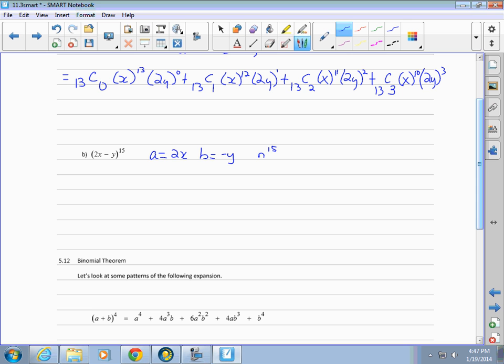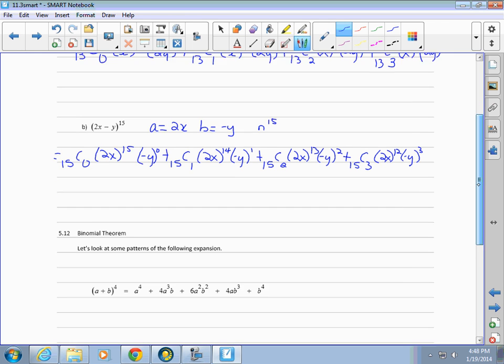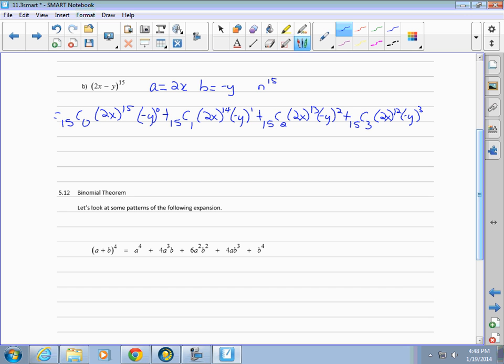So this is going to start at 15 choose 0, 2x to the 15, negative y to the 0, plus 15 choose 1, 2x to the 14, negative y to the 1, plus 15 choose 2, 2x to the 13, negative y squared, plus 15 choose 3, 2x to the 12, negative y cubed. And then same thing, you can go on your calculators and find those out.